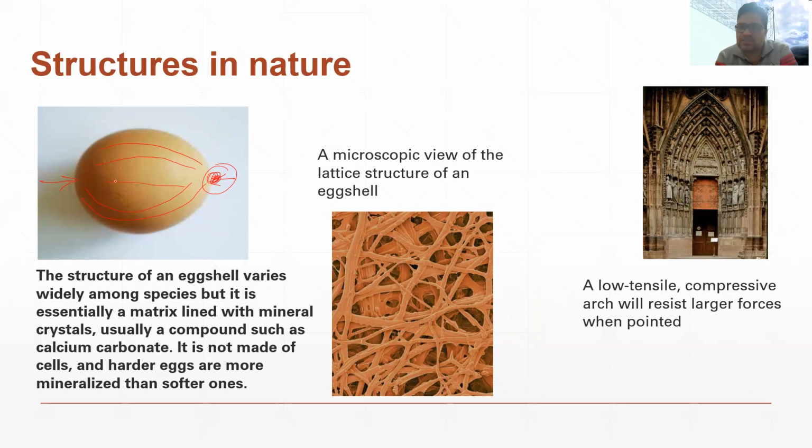That is why the structure of the egg is in this manner. You can see an example of this used in one of the structures. You can see there is this kind of entry, this kind of arch, which is called a pointed arch.